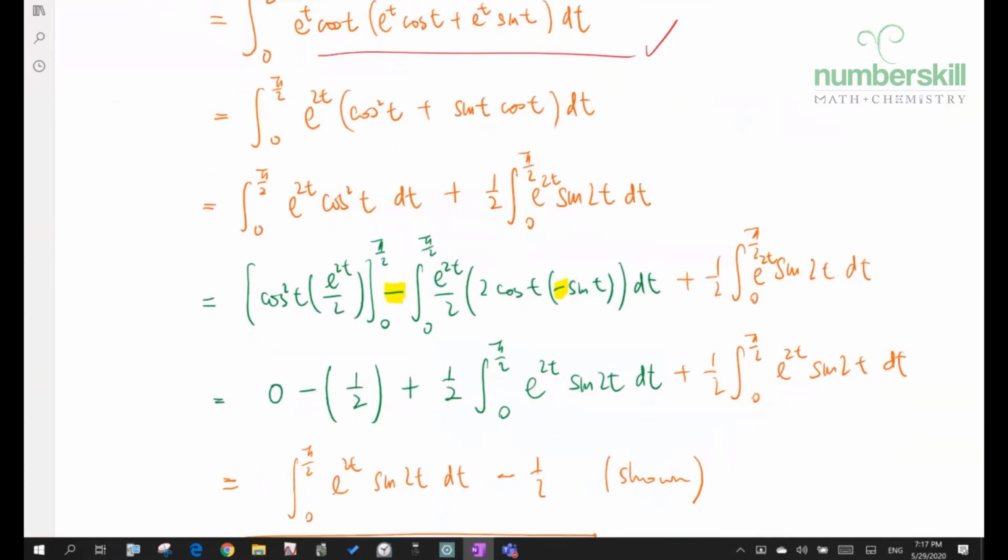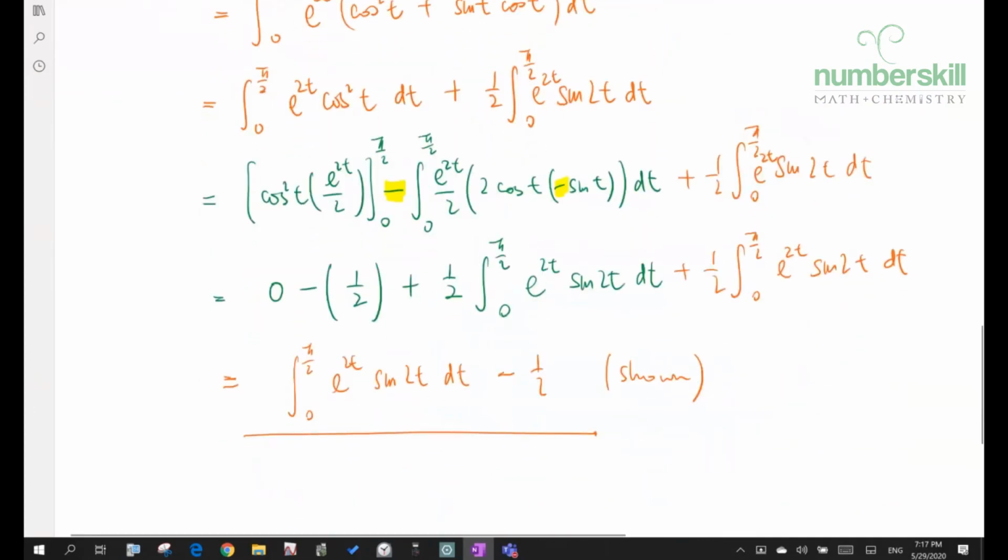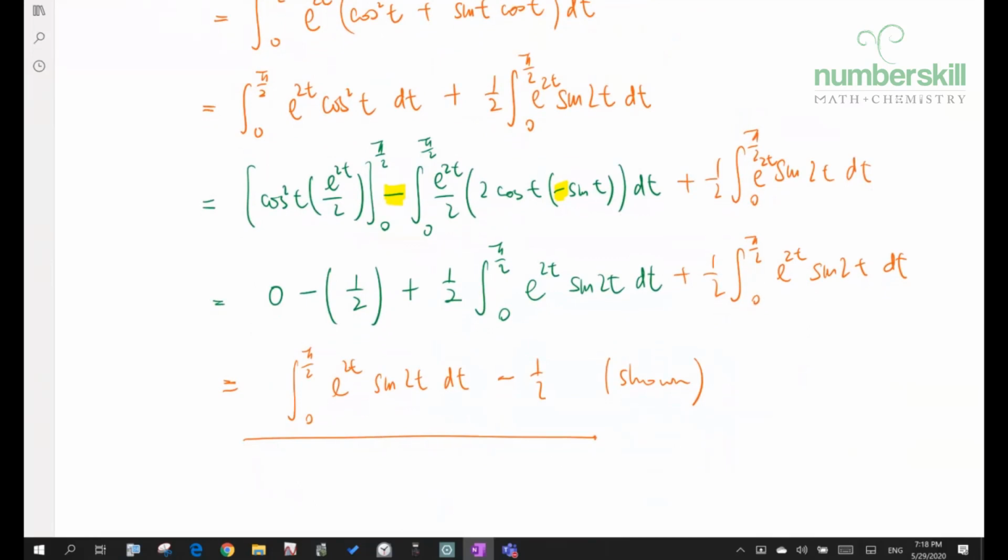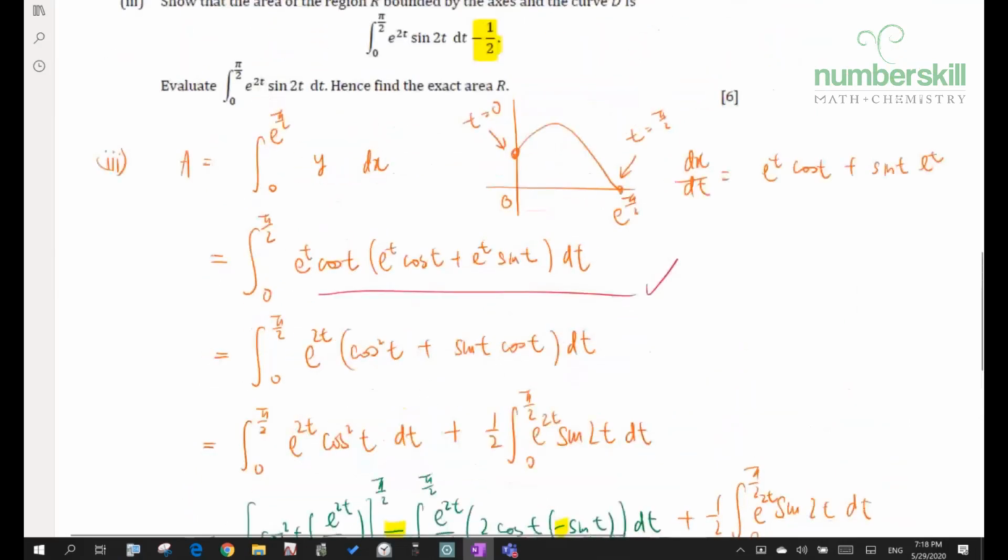Put everything in terms of t. And then of course the by parts, which means the green color part, must be correct. And eventually the process of coming down to show must be correct. So only 3 marks. Why only 3 marks? Because there are 3 more marks going along. So that's all for this one, showing the area.